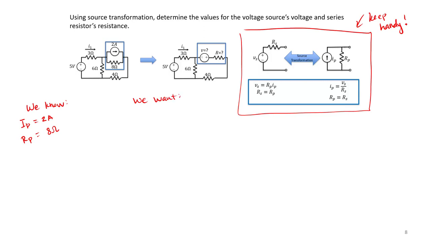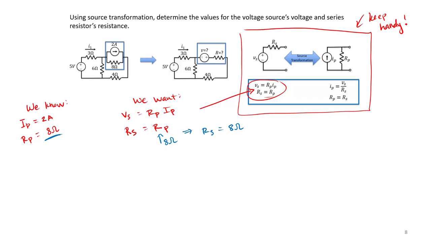We want to find our voltage Vs, and we know that would be given by Rp IP. And we also want to find Rs, which is equal in this case to Rp. So all we need to do is use those equations. We know Rp is 8 ohms, so we know that Rs must be 8 ohms as well.